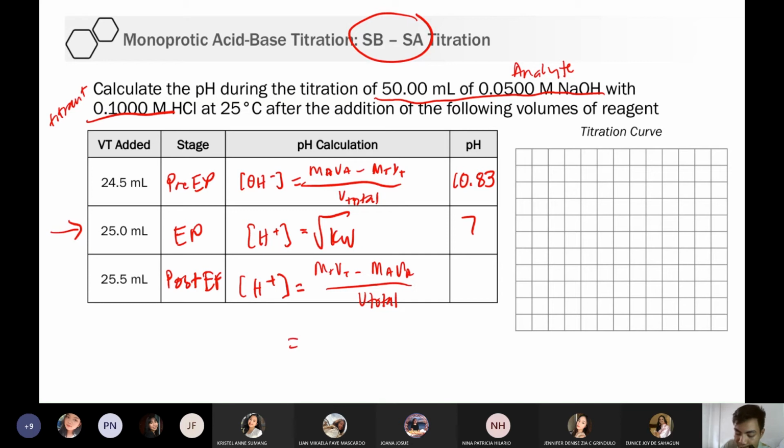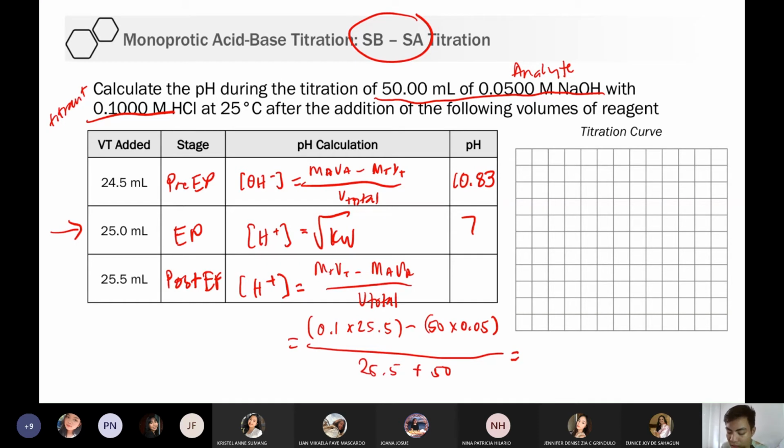That will be 0.1 times 25.5 minus 50 times 0.05 divided by 25.5 plus 50. We will get the concentration of H plus. Okay, so the concentration of H plus is 6.62 times 10 raised to negative 4. If we get the negative logarithm, that will be 3.18.